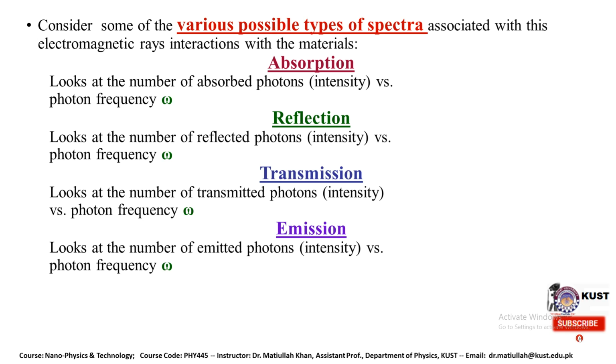The second possibility is that the upcoming radiation might be reflected depending on the energy. So this is the reflection process, and in this case we look toward the reflected photon, and if we want to draw the curve for that, we need to draw a curve between the reflected photon versus the photon frequency.